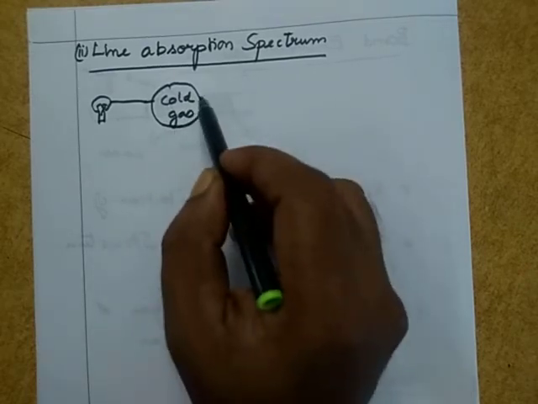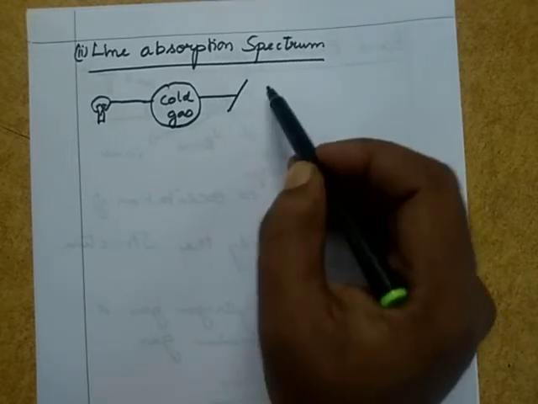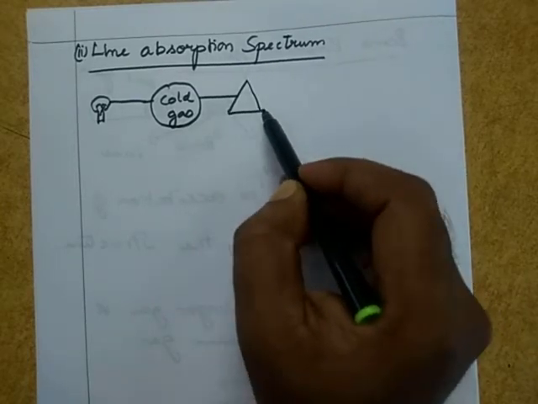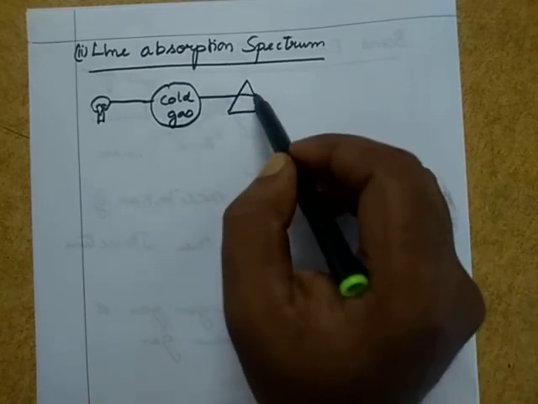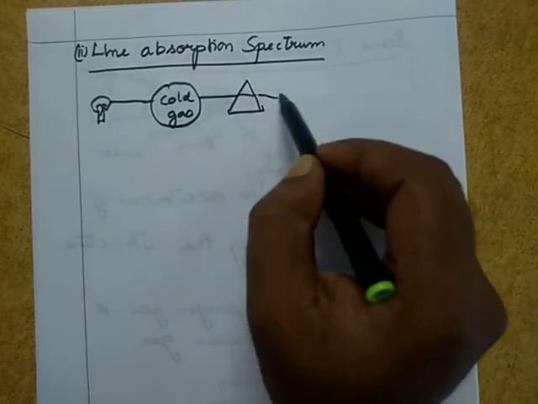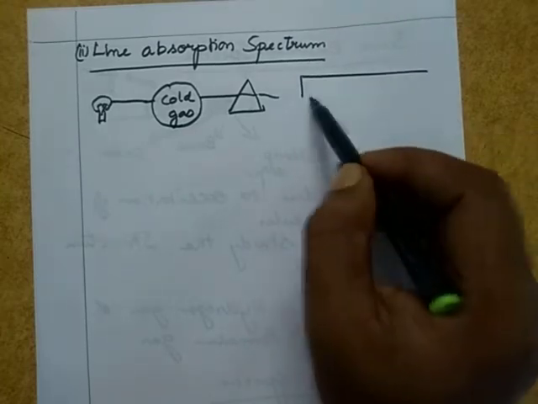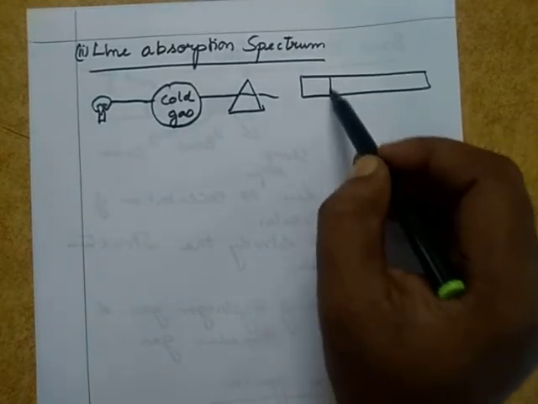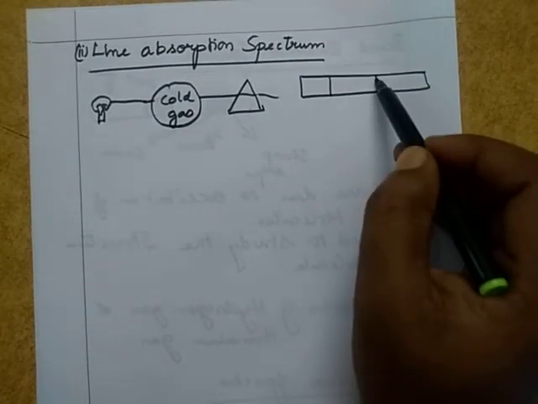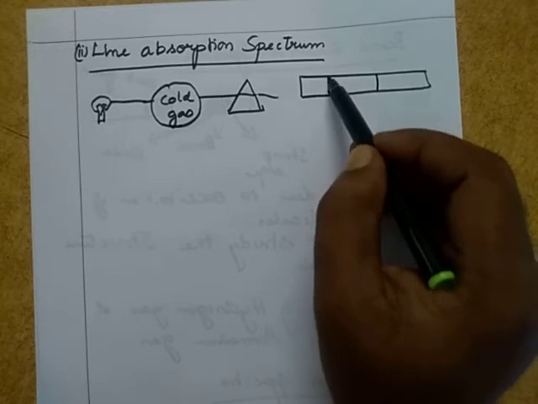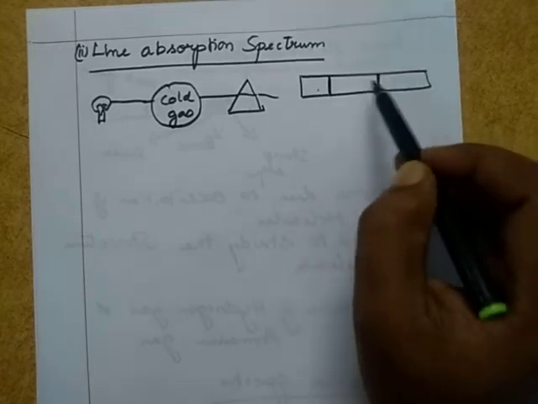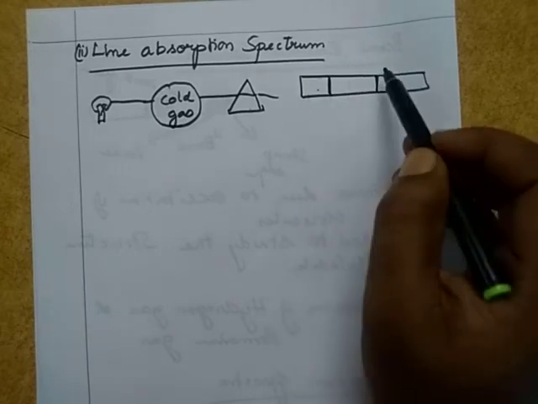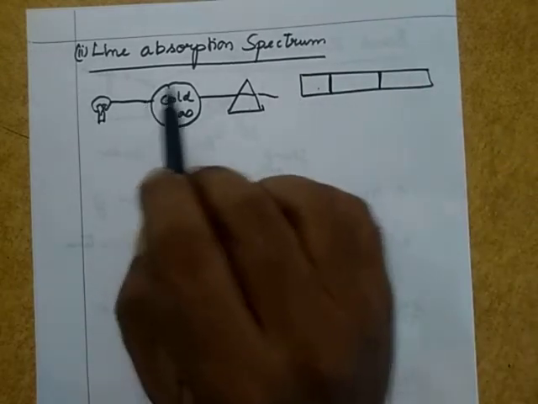Then that light is allowed through a prism. The spectrum obtained through this dispersion is known as line absorption spectra. Here we get a spectrum with some lines missing, some dark lines present in a bright background.